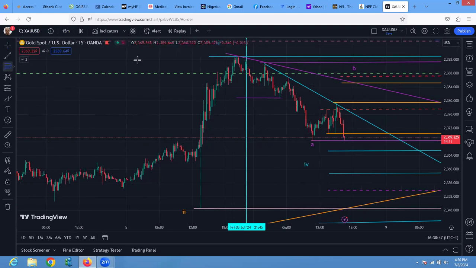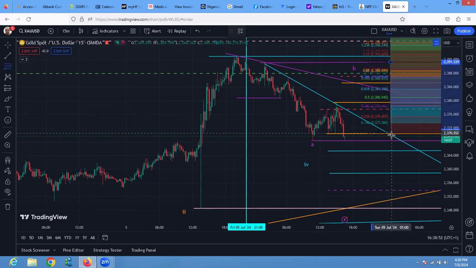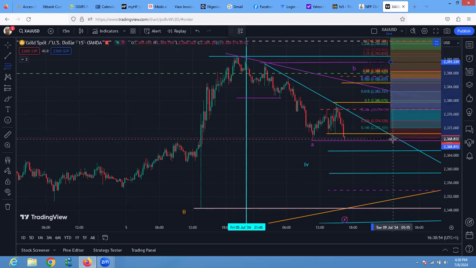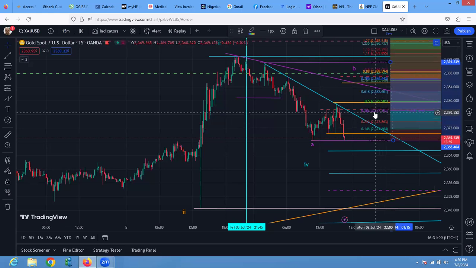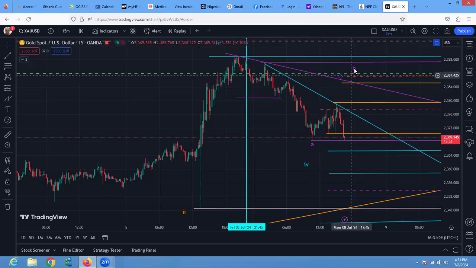Let's see from that 2. Push more. Because this is, in fact, occurring at a 50. That's a 50. This may just be the end of B here.